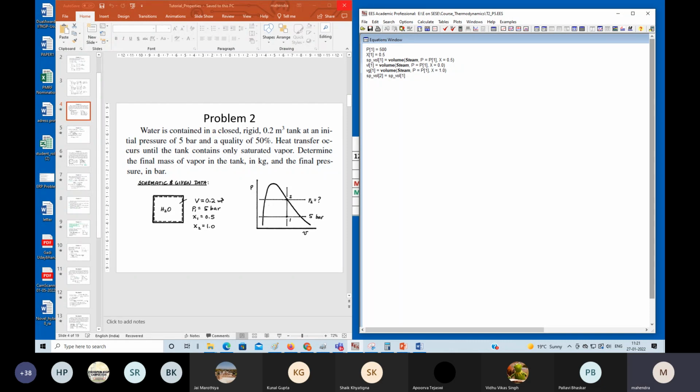And then pressure, sorry, P2 pressure, and then V equal to specific volume 2, x equal to 1.